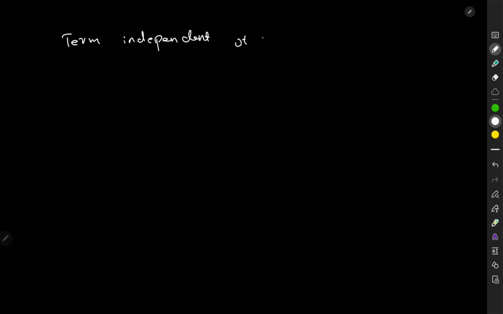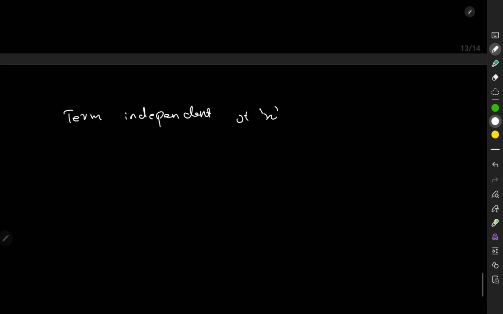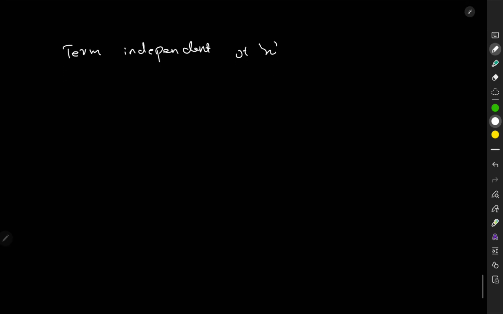Fine. So now we should see something called the term independent of x. So what is the term independent of x? Simply, this is a very easy thing; you need not complicate it. Like we have seen a question where we need to find the coefficient of x to the power 5, we equated the power to something.